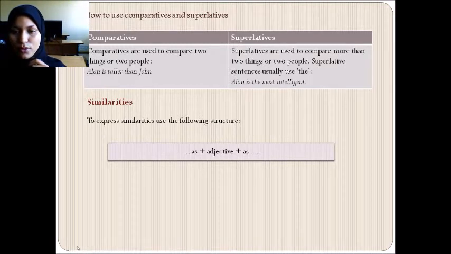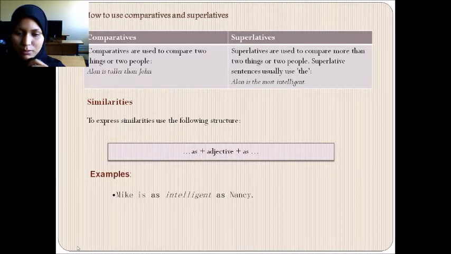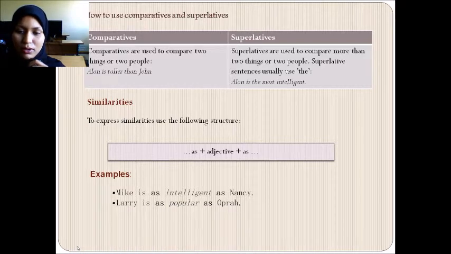For example, Alan is as tall as John, or Alan is as intelligent as John. For examples, Mike is as intelligent as Nancy. Larry is as popular as Oprah.